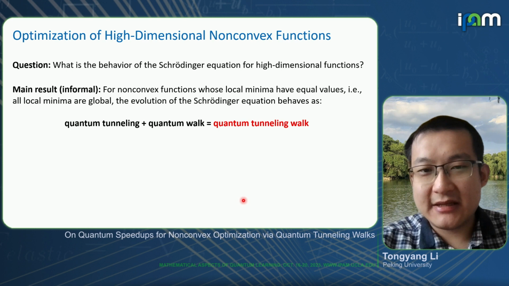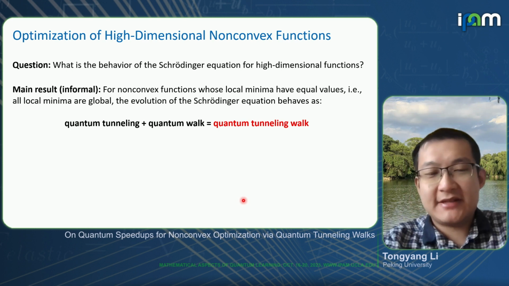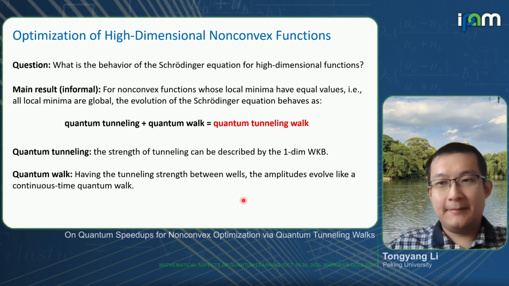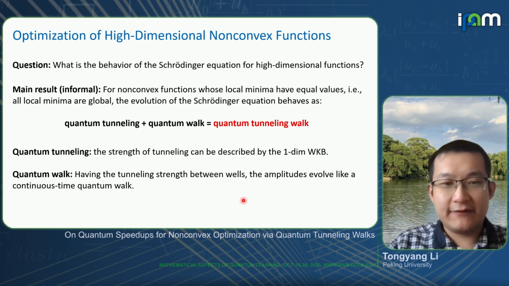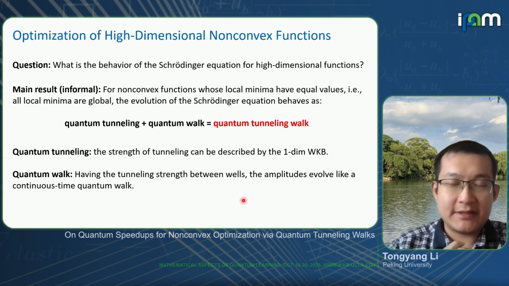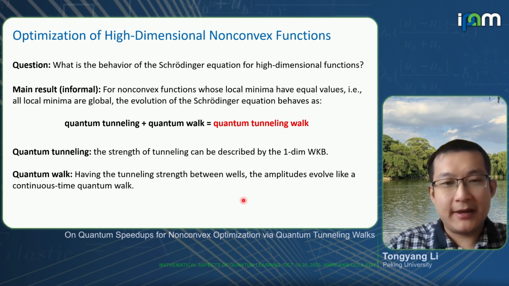In this sense, we observe the phenomenon in the evolution of the Schrodinger's equation. On the one hand, between two local minima there is the phenomenon of quantum tunneling, and the strength of this quantum tunneling can be described by the one-dimensional WKB approximation. So this is the pairwise strength between two local minima.